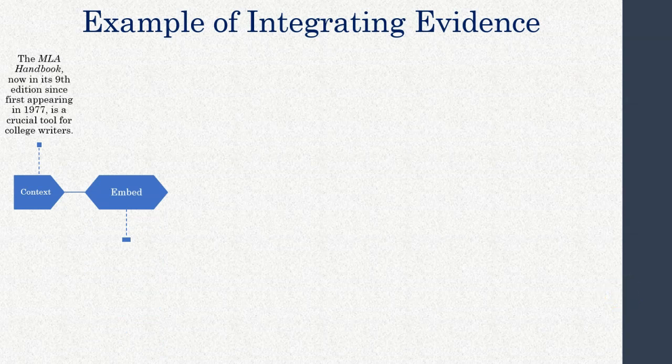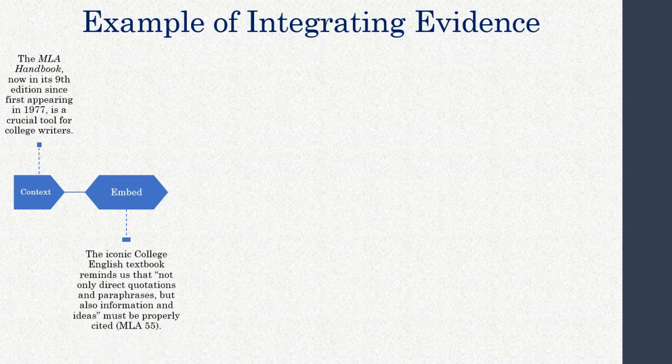So we might remember from our templates for introducing a quote from our course reading. So I will say something like, the iconic College English textbook reminds us that not only direct quotations and paraphrases, but also information and ideas must be properly cited.